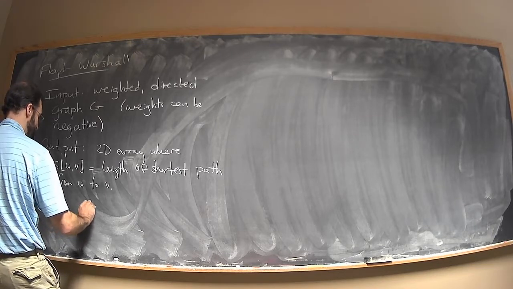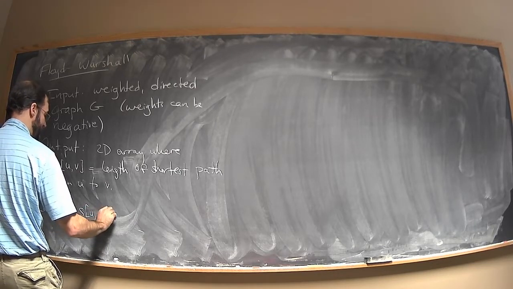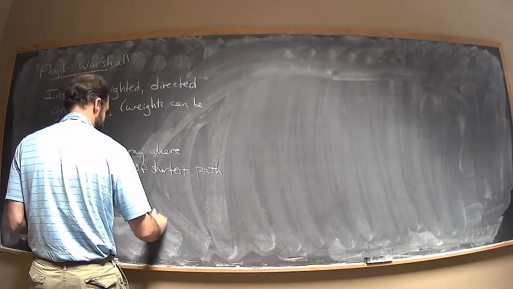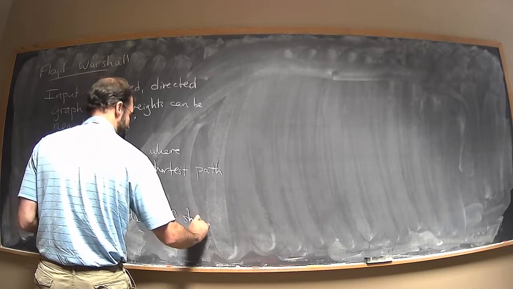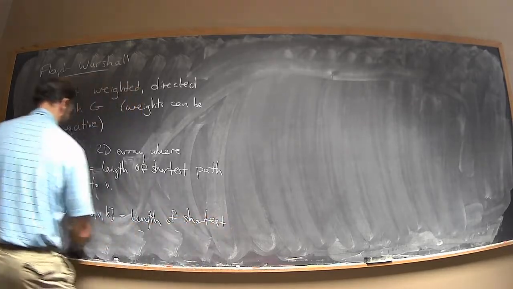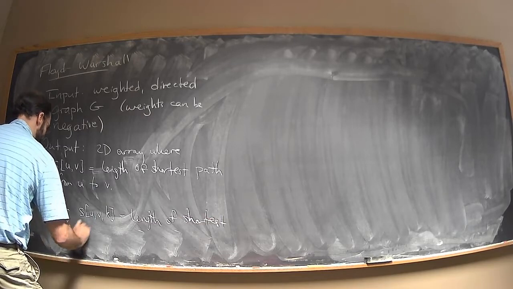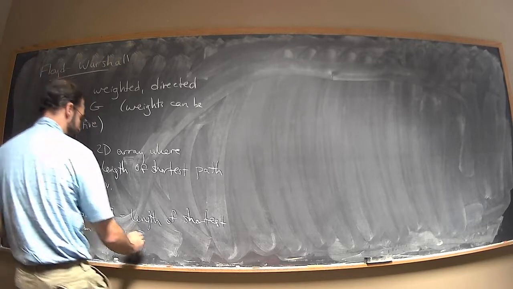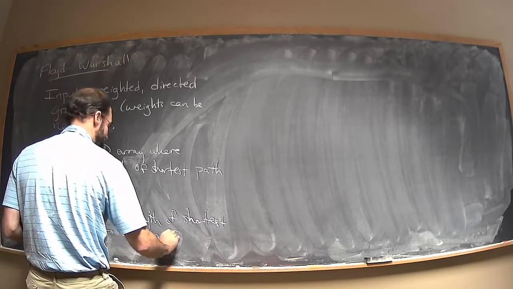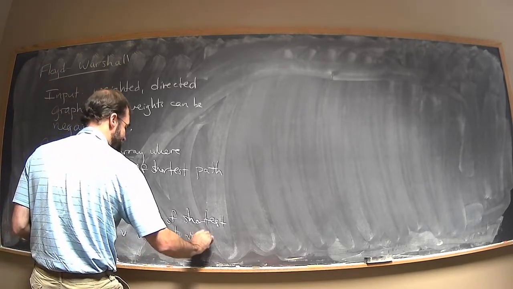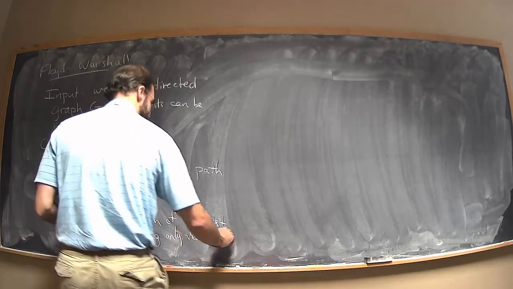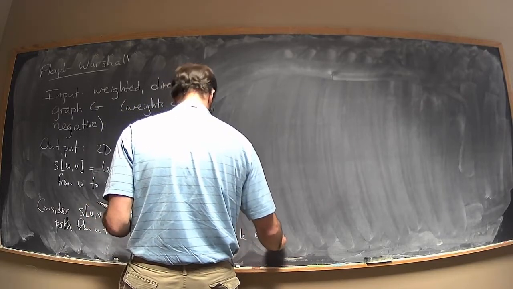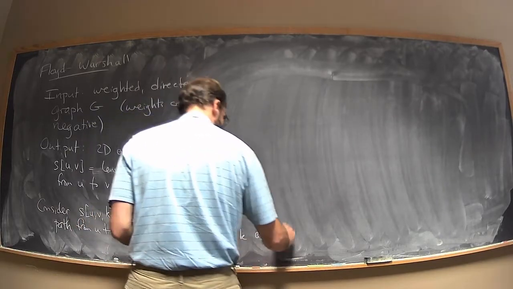So S of U V K, I'm going to define to be the length of a shortest path from U to V, but restricted a little bit, using only vertices 1 to k as intermediate nodes.